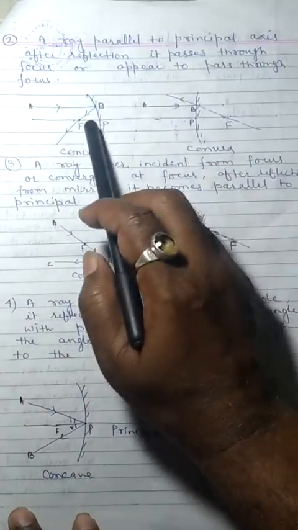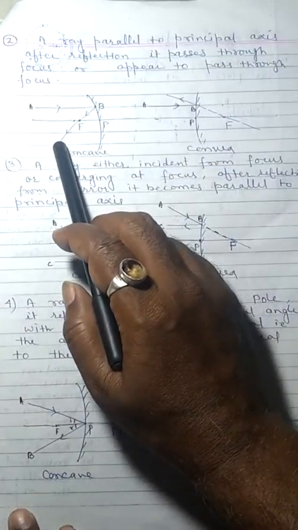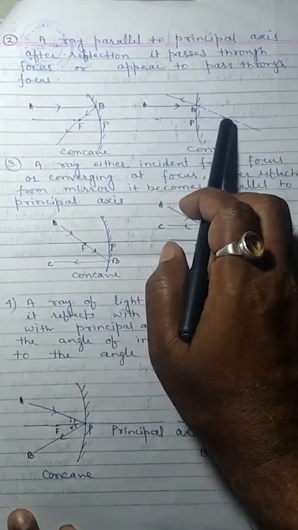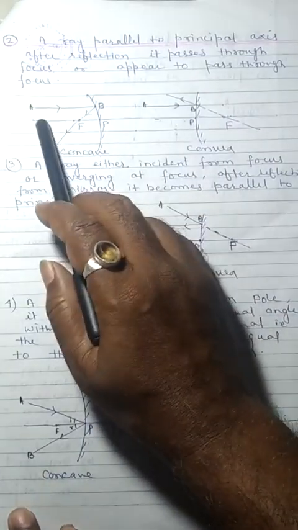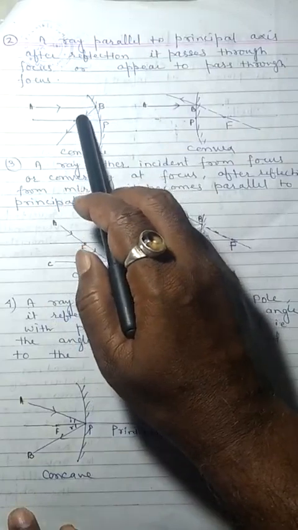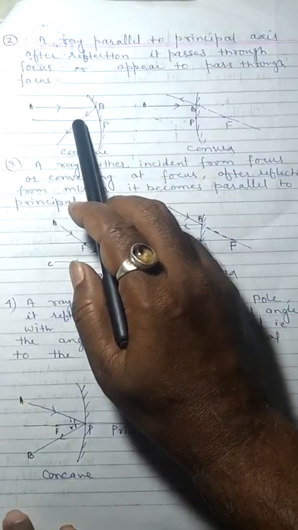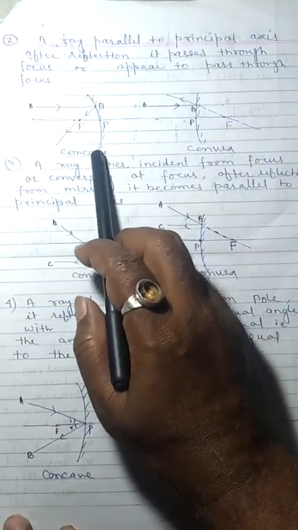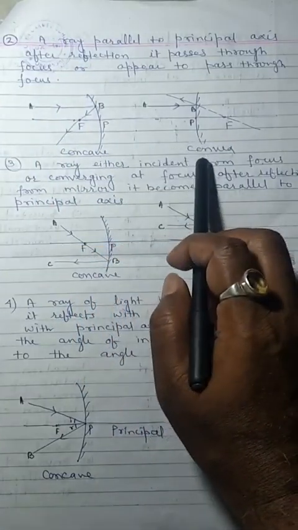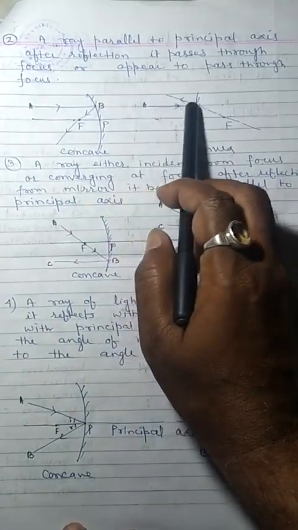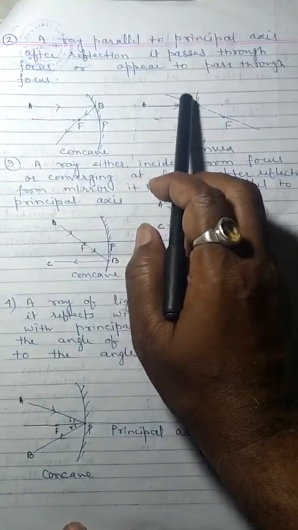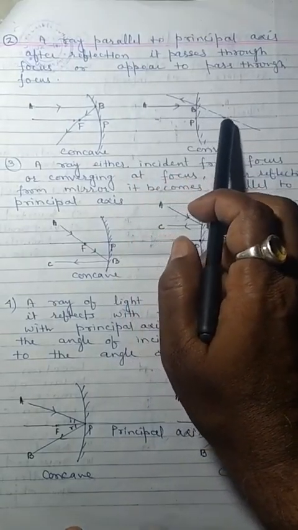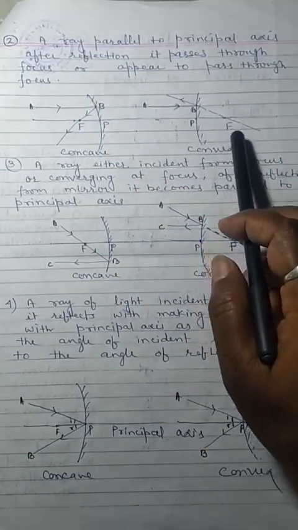After reflection, it passes through focus or appears to pass through focus. This is parallel to principal axis. After reflection, it passes through focus in concave mirror, and in convex mirror, a parallel ray, after reflection, appears to pass through focus.